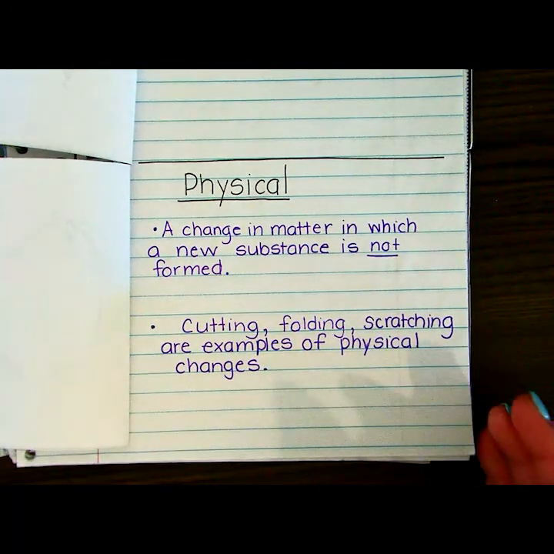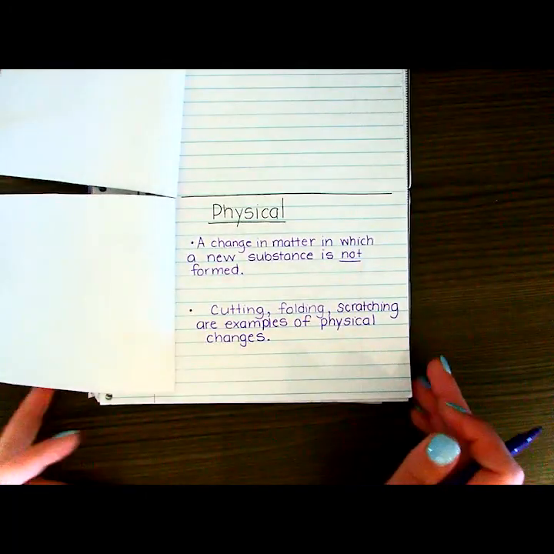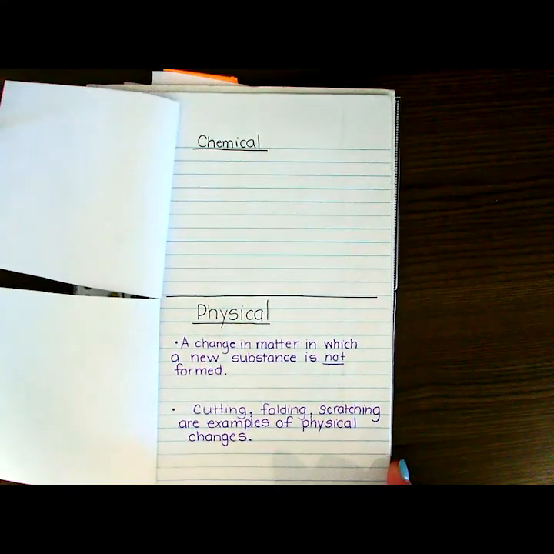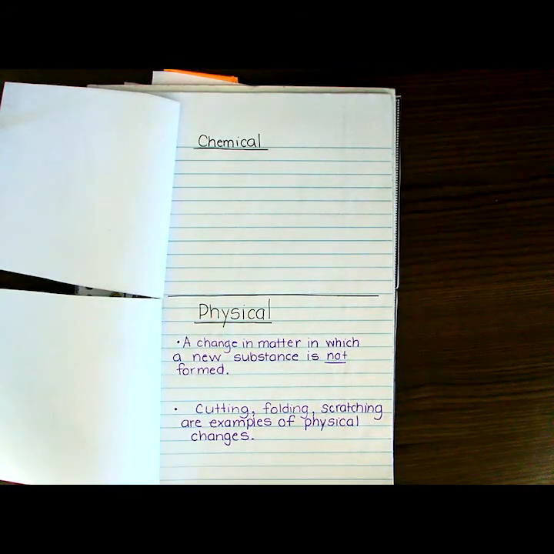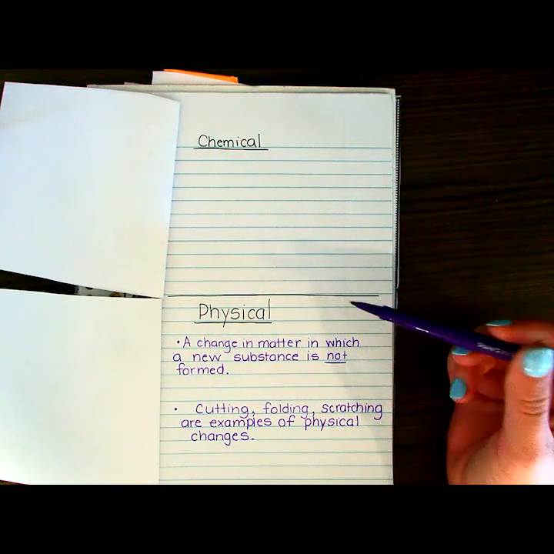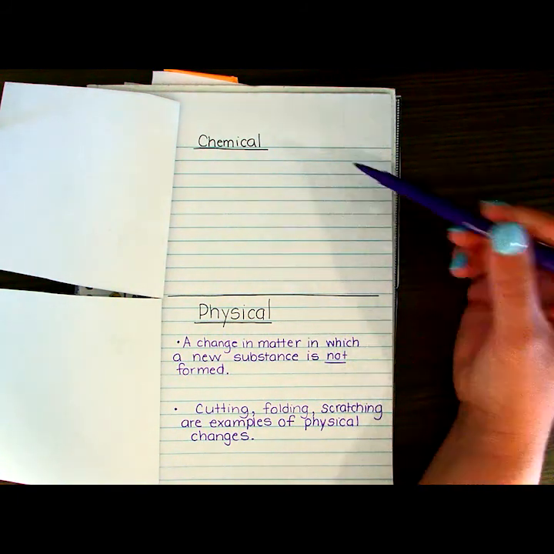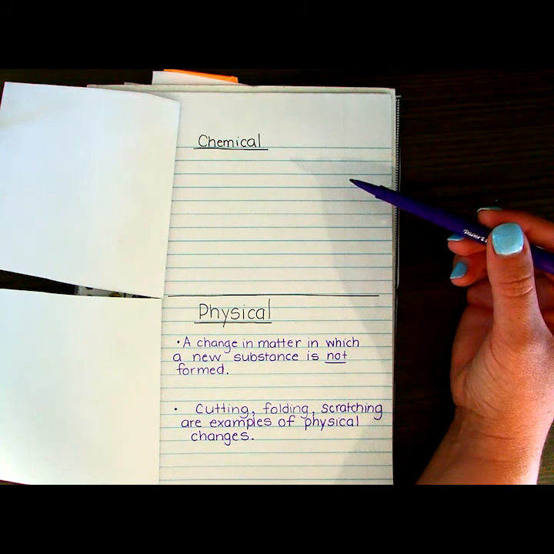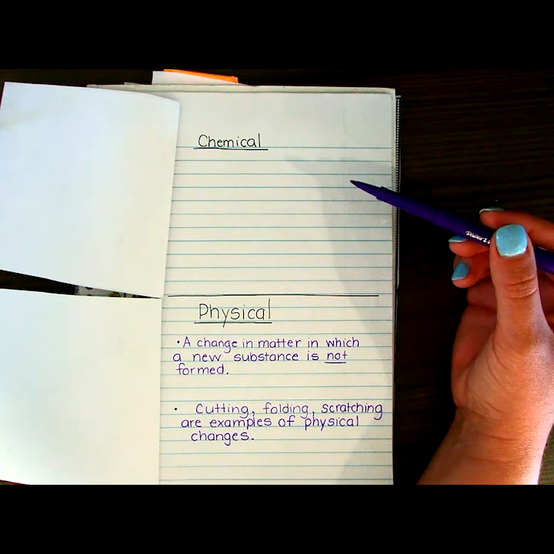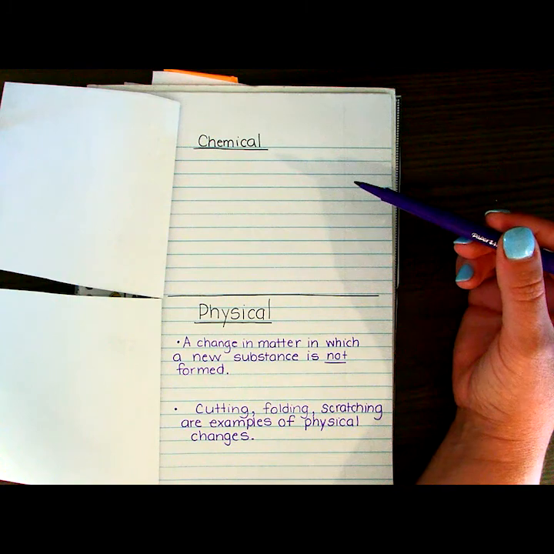I'm going to zoom out in case you're still copying some of this down. So if a physical change is where a substance is not formed, then we know that chemical changes occur when one or more substances are changed into entirely new substances.